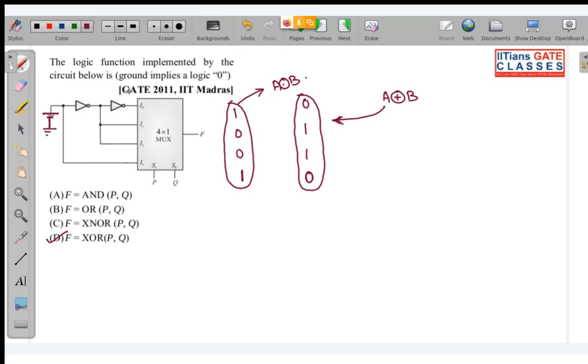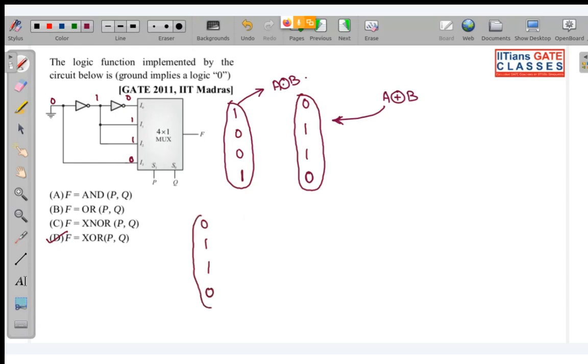In the first case, ground corresponds to 0 in digital logic. When I pass this through inverter, this will be 1. When I again pass 1 through inverter, this will be 0. So this is 1, this is 1, over here it is 0 and this is 0. So look at this input combination, that is 0 1 1 0, and this is I0 I1 I2 I3.